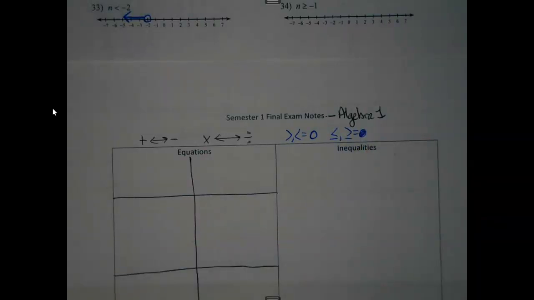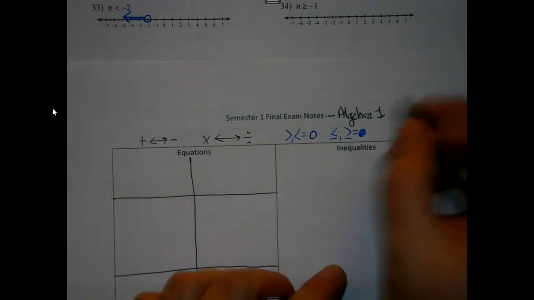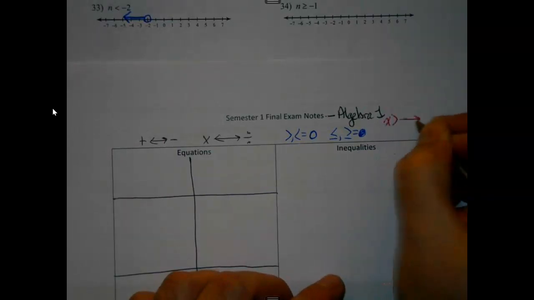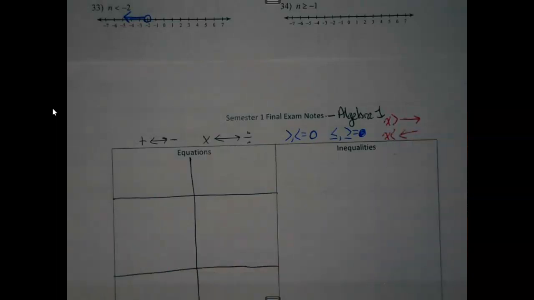I'm going to do that before I get going. I'm going to remind myself what direction the arrows go, depending on what direction the arrow is pointing towards for x.